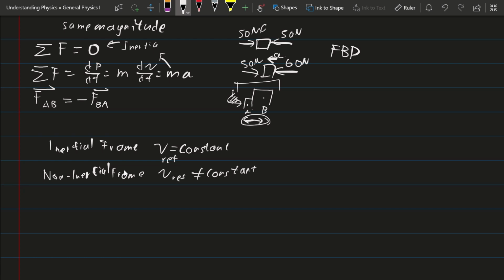You would figure out that the first law fails to exist, only because you move something with an acceleration compared to something.